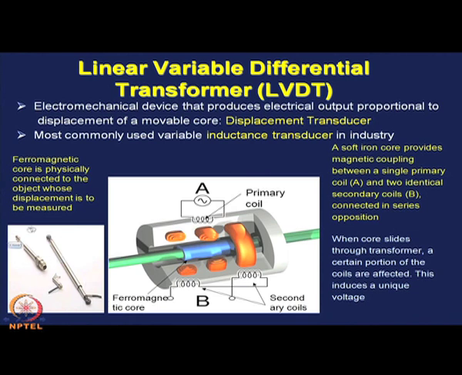LVDT looks like this, and if you look at inside of this, we see that there is a soft iron core or ferromagnetic core, and there is a primary coil represented by A here, and there are two identical secondary coils.